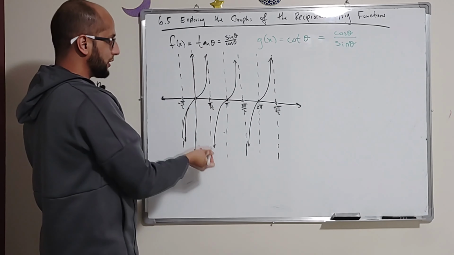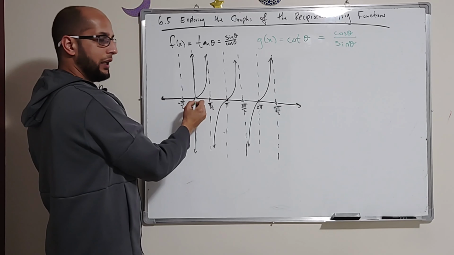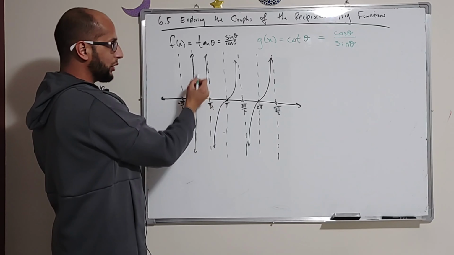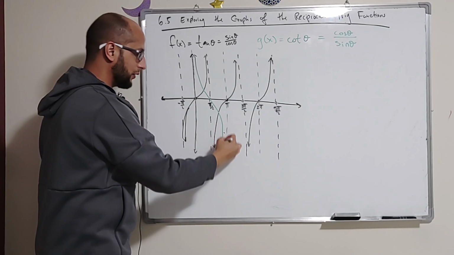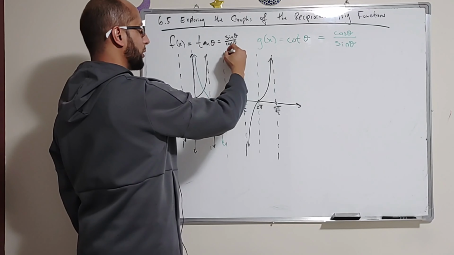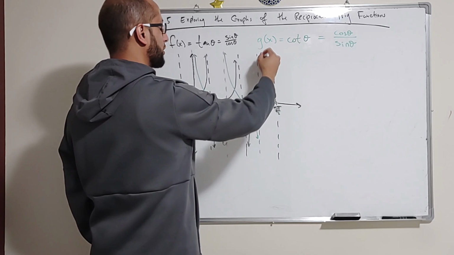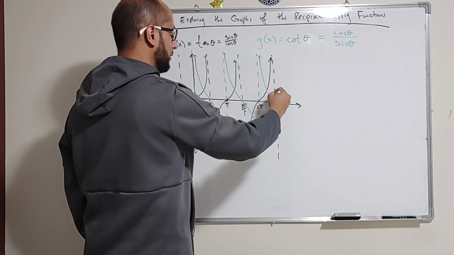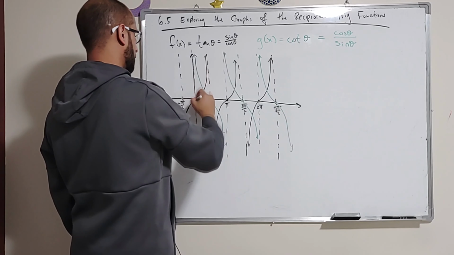And now we apply the same thing. So now we have an x-intercept here and an asymptote here, and we know that it should be positive. So it will follow this pattern now, right? Applying the same rules that we know about cotangent theta and which quadrants it will be positive in, it would continue on in this method.